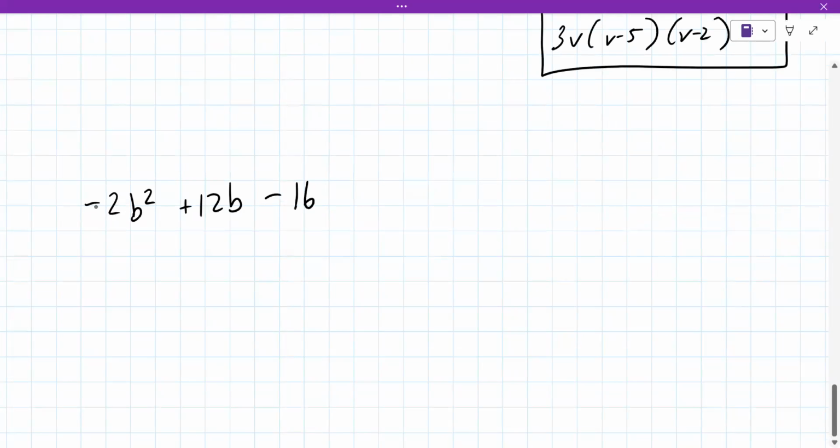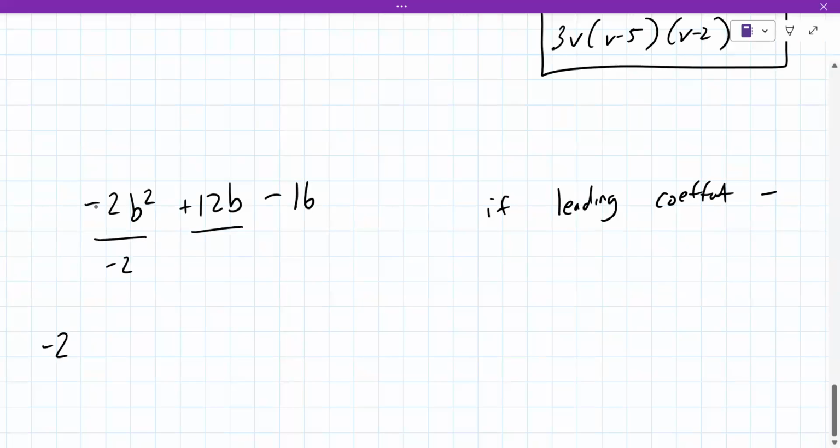If the leading coefficient is negative, you factor it out. In this case, you're going to factor out a -2. It's just -2 because there's no b in all of them, but there could be in another problem. So tell me what goes in parentheses here, please.